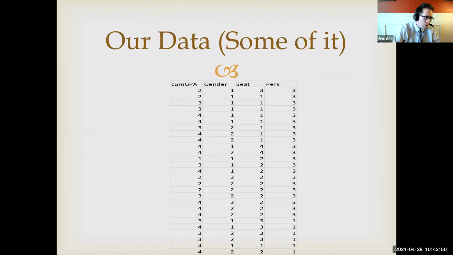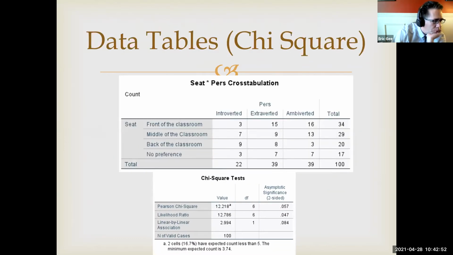Okay, I got to go back to, there we are, the personality. So what we would expect to see is more extroverts at the front of the classroom and fewer extroverts at the back. And so 15, 9, 8. And then we would expect to see fewer introverts at the front and more at the back.